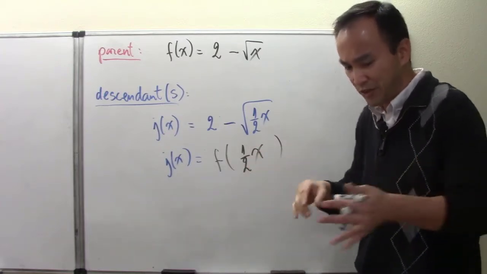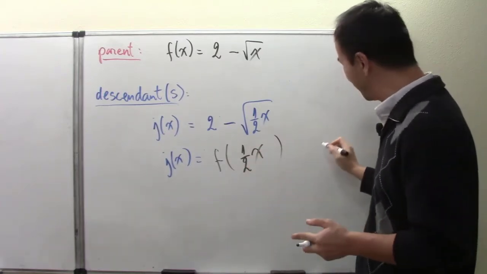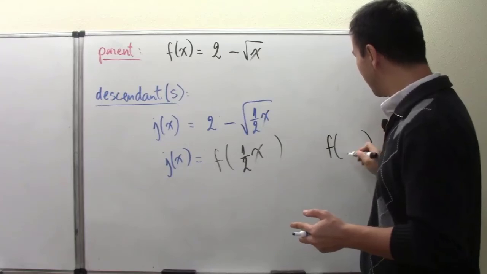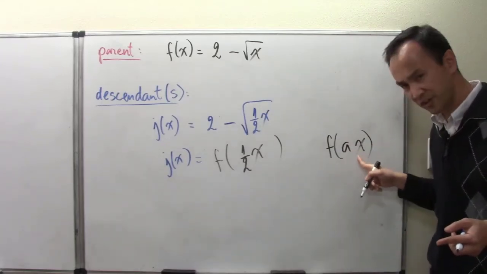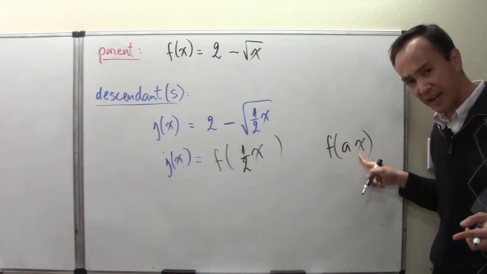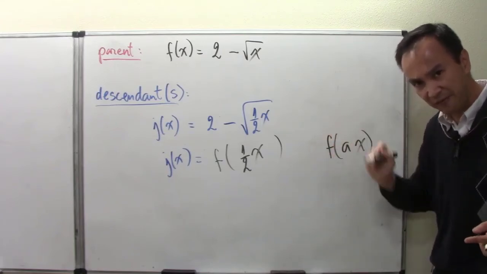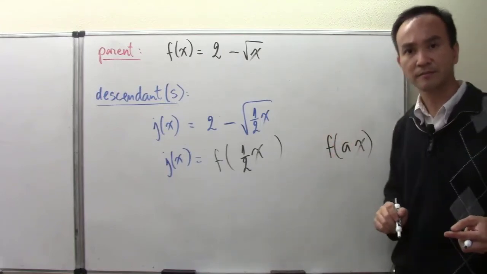But in the end, we're still looking at putting a coefficient, a linear coefficient multiplied with x, and putting that inside our parent function f of x.